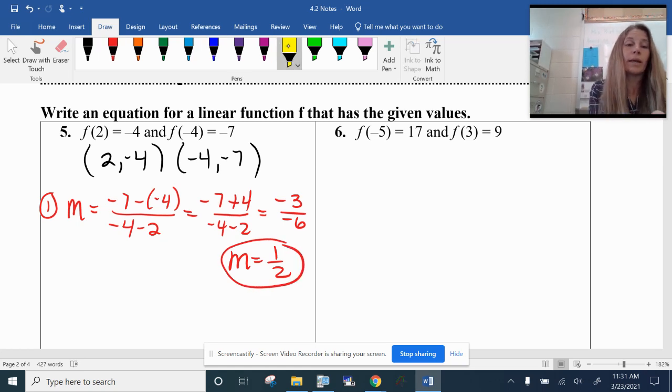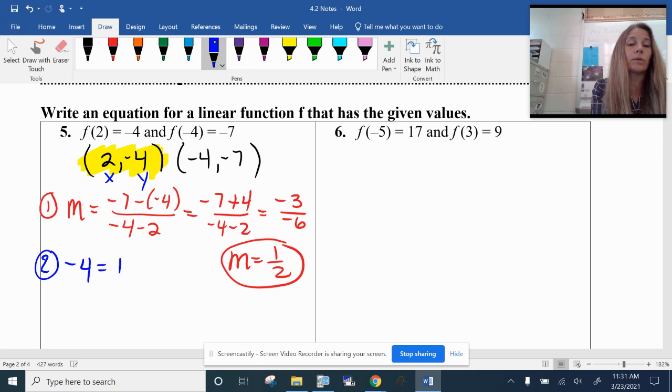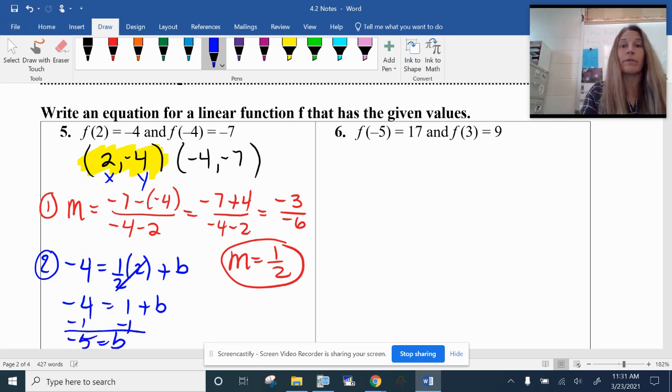Now, picking a point, I'm just going to pick this first one here to find my y-intercept. So -4 equals 1/2 times 2 plus b. Now, 1/2 times 2 is just 1. And then I'm going to subtract that, and I have a -5 for that b value.